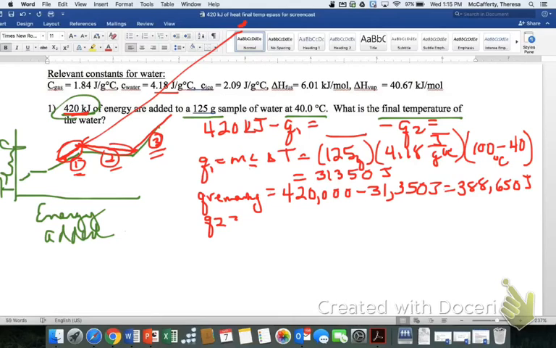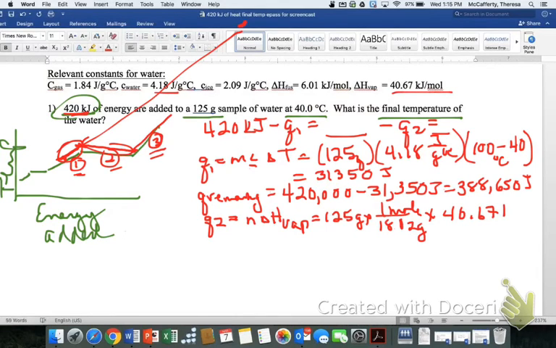So let's see how much energy it takes to boil that sample. That equation is going to be q equals n times delta H vaporization. So I have to get the moles. That's 125 grams times 1 mole of water per 18.02 grams, times the vaporization, which is 40.67 kilojoules per mole.